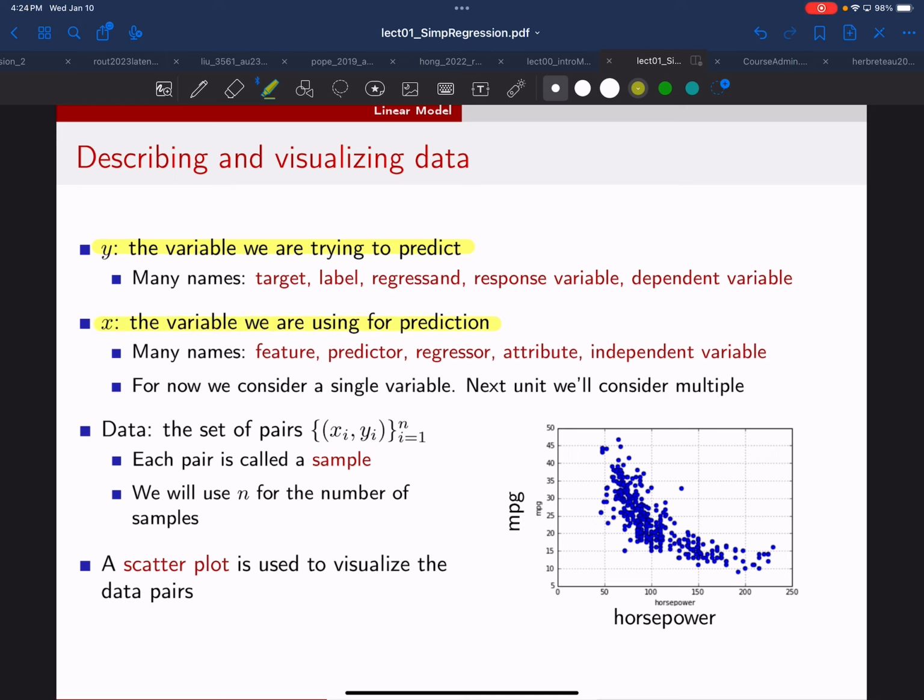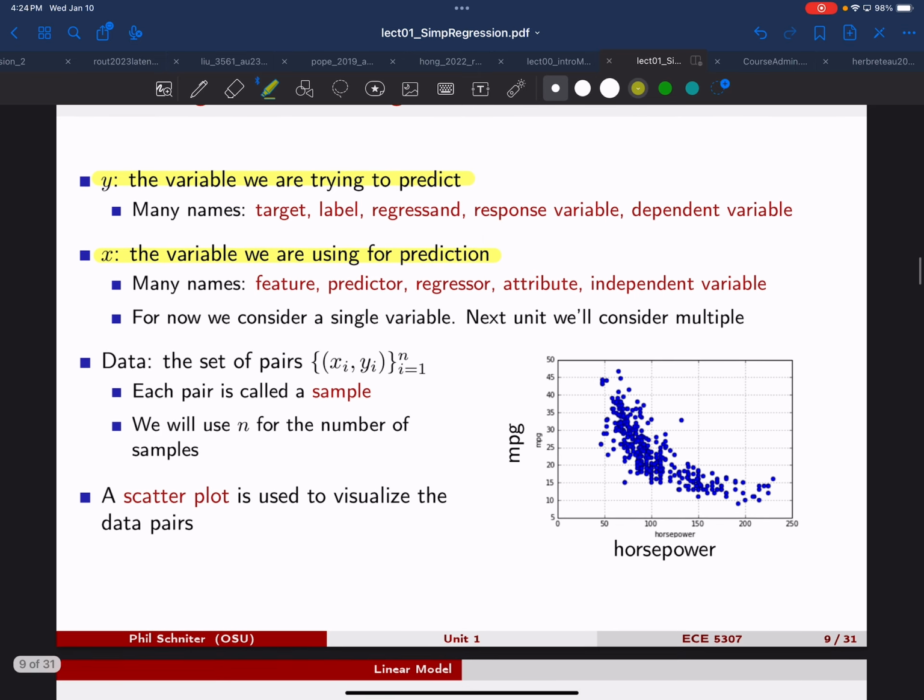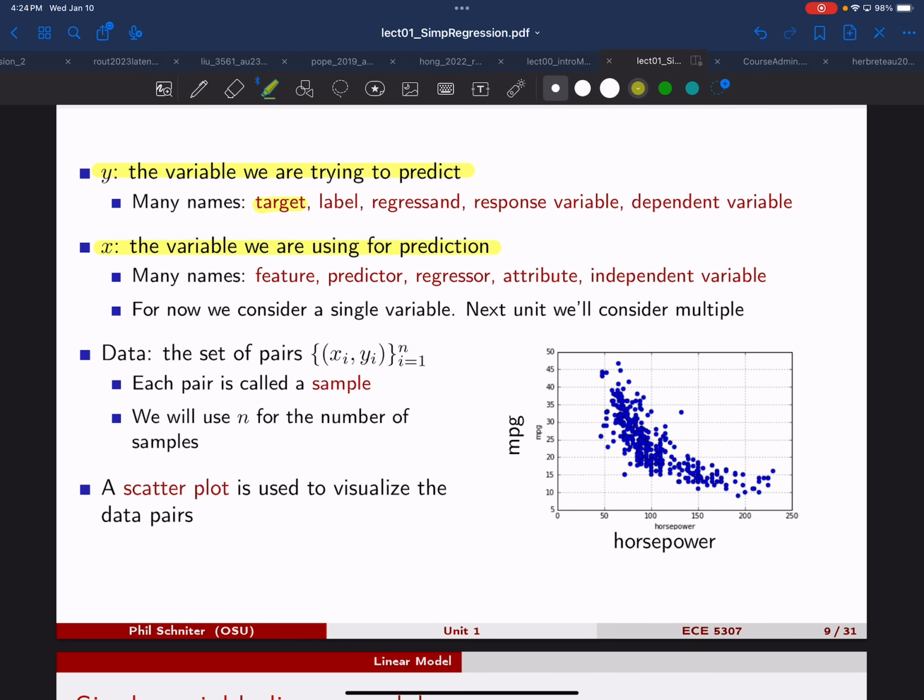There are particular names that you find in the literature, textbooks, papers, blogs and so on for these x and y quantities. I'm listing a whole bunch of them here because it's important to at least be familiar with all of them, otherwise when you're reading something, you have no idea what they're talking about. Even though you understand it, they're speaking almost a different language. For this course, when we talk about the thing we're trying to predict, I'm most often going to refer to it as a target, or sometimes a label.